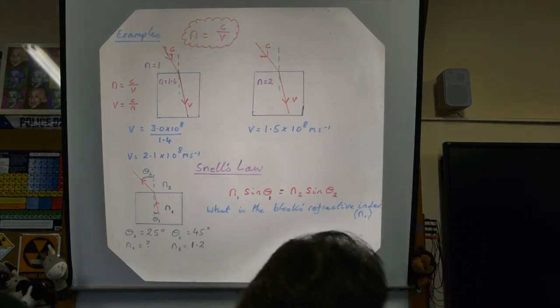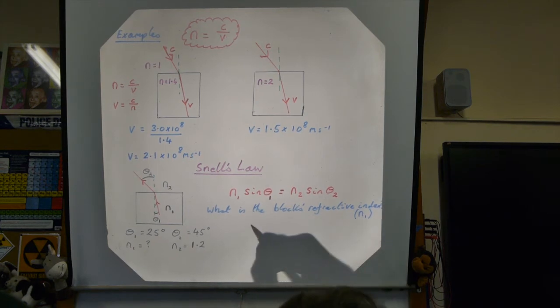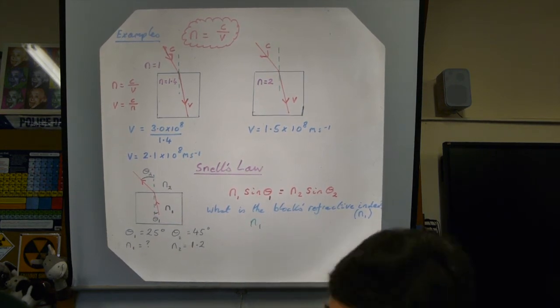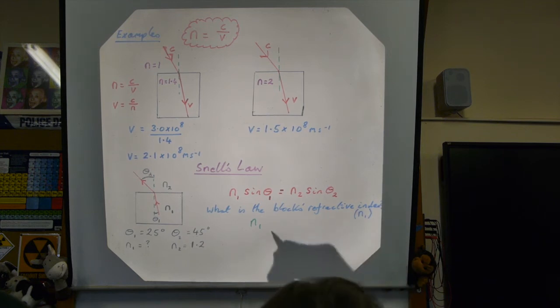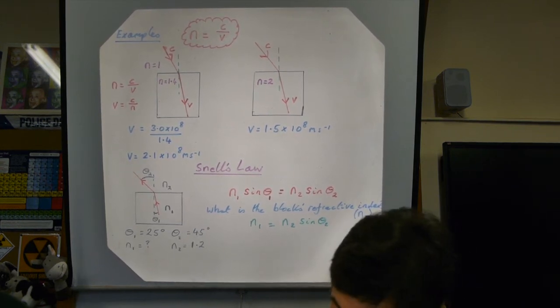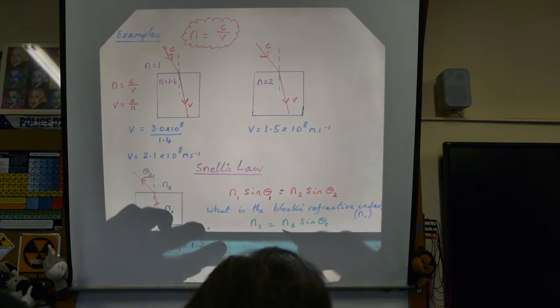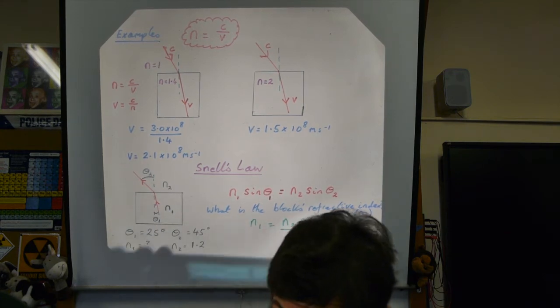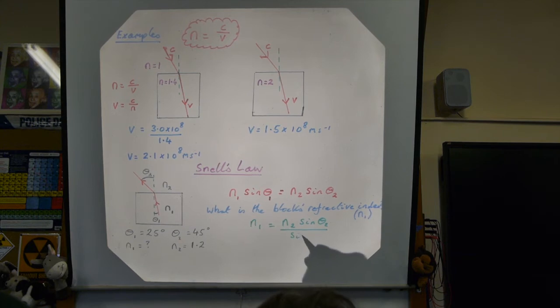Okay, so what is the unknown N1? So N1, the refractive index in this material, is going to be equal to this lot, N2 sine theta 2, all divided by sine theta 1.